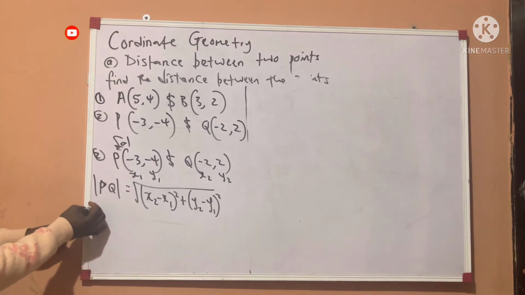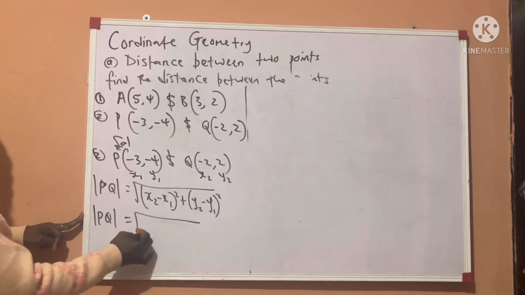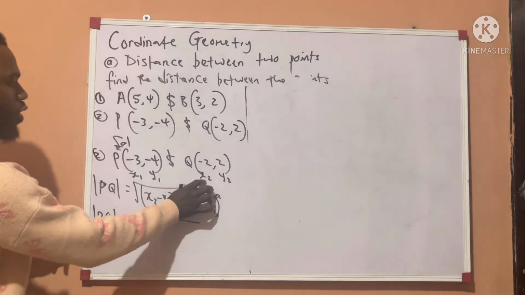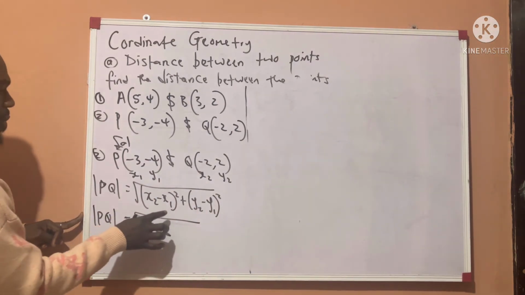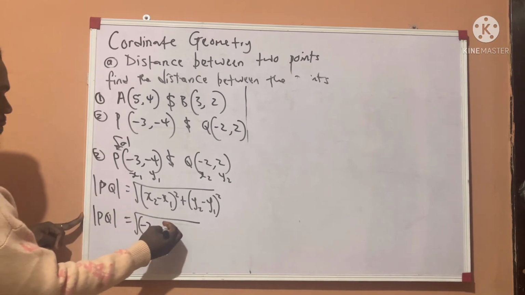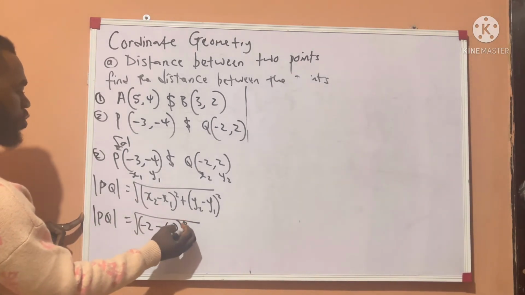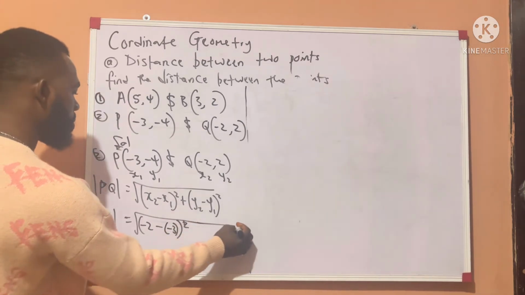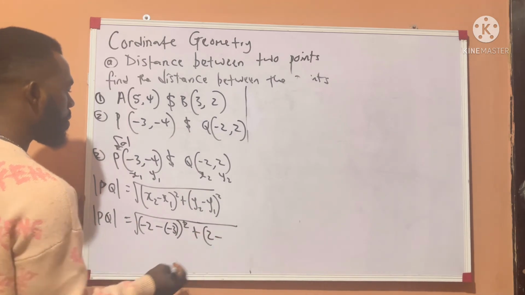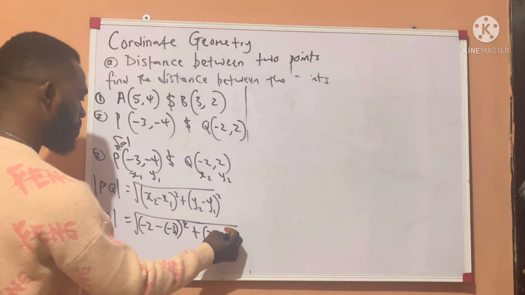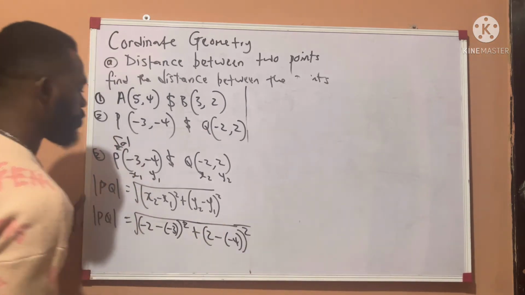So now, the distance between P and Q becomes the square root of, now x2, according to our coordinates, is minus 2, minus, x1 is also minus 3, all squared, plus, now y2 is 2, minus y1 is minus 4, also all squared.